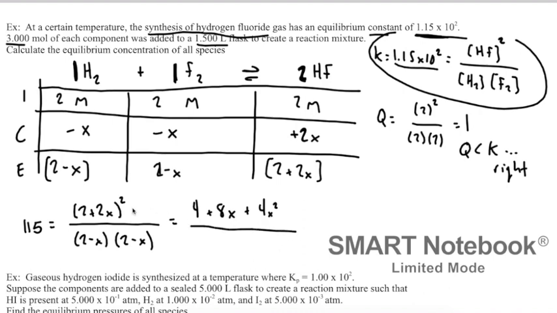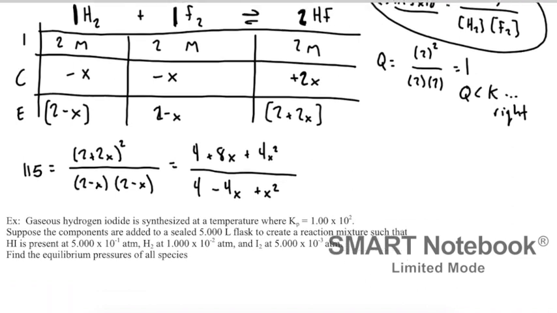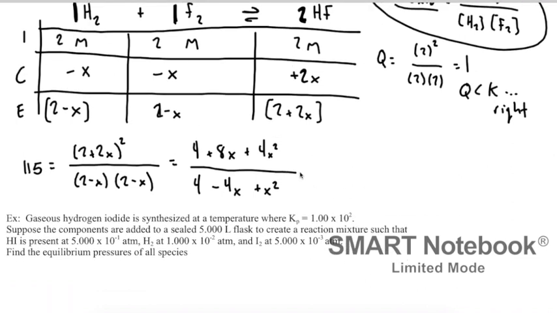You guys can write that out if you need to. Do this FOIL. 2 times 2 is 4. 2 times negative x is negative 2x, which gives me negative 4x, plus x squared. Just like that. Now, I suppose that we could pause and see if there's a way for us to simplify this right here, but I don't see any apparent way to do that.